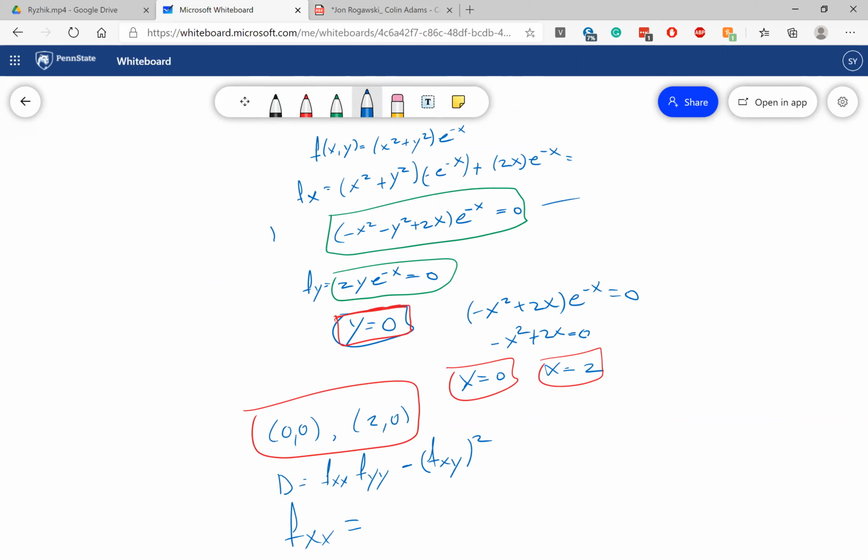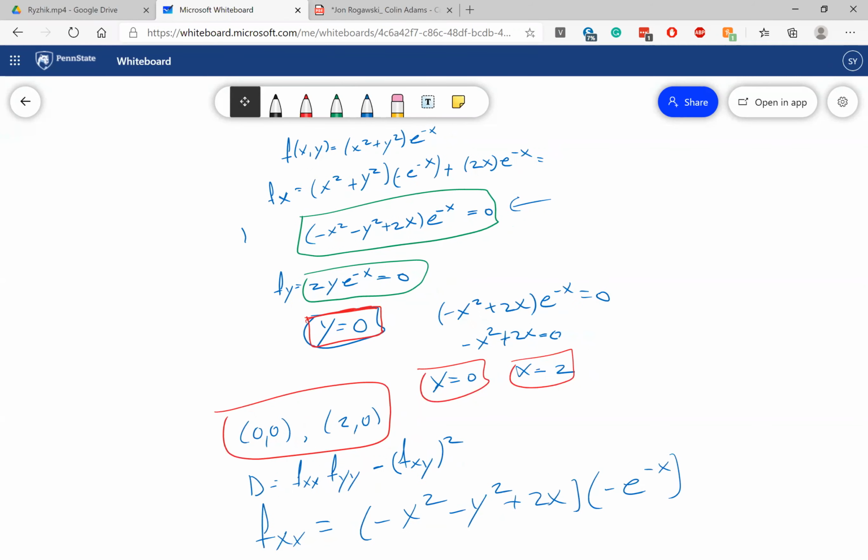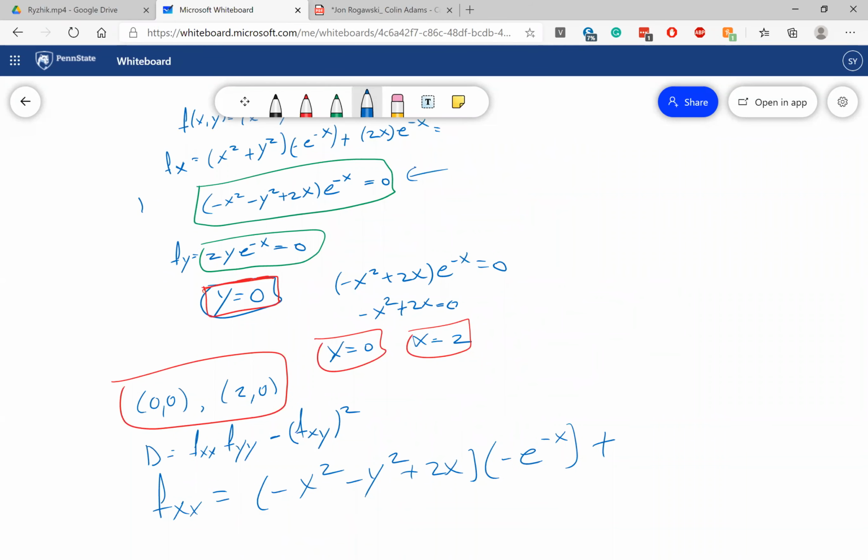We're going to get negative x squared minus y squared plus 2x times negative e to the negative x, plus negative 2x plus 2 times e to the negative x.